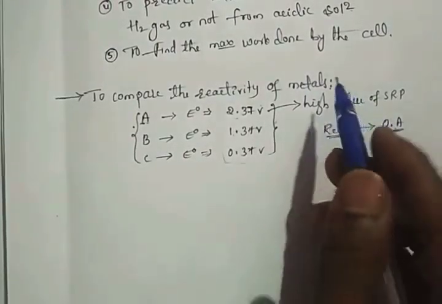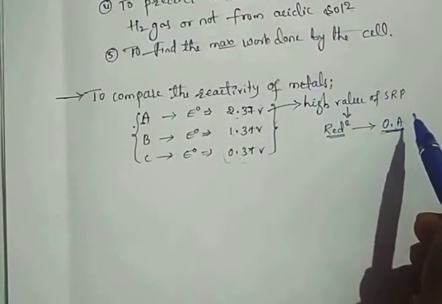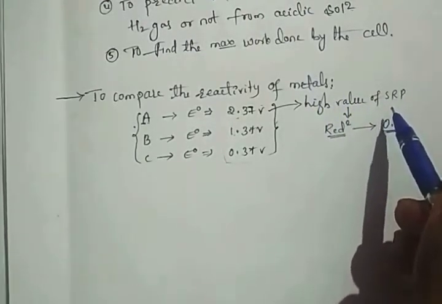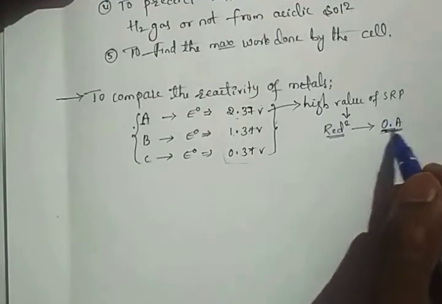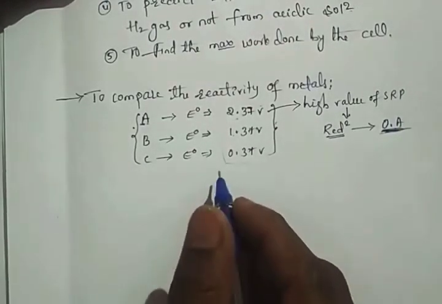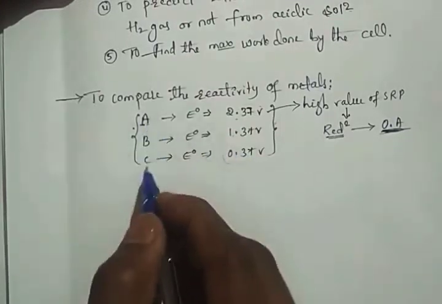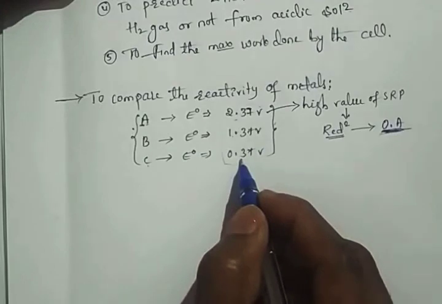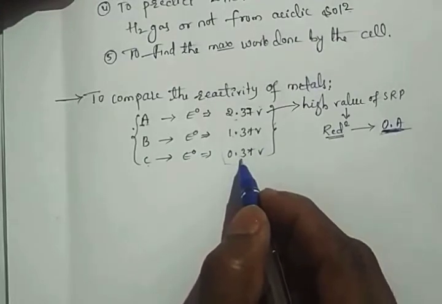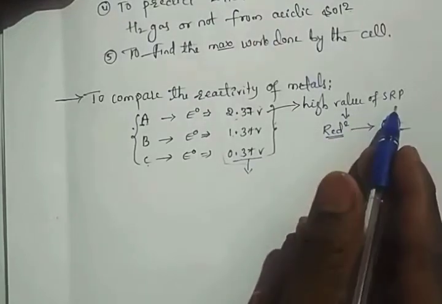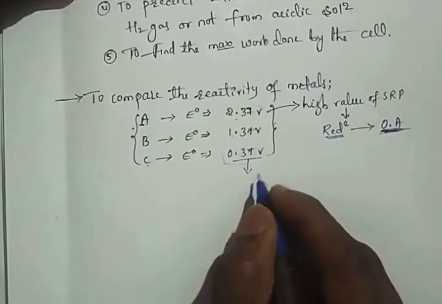Now we can predict the first application, to compare the reactivity. The electrode potential. So here it is the oxidizing agent. Now the reducing agent. Among these three, C is the reducing agent because of the smaller value of its reduction potential. Higher the SRP, the more it undergoes reduction.